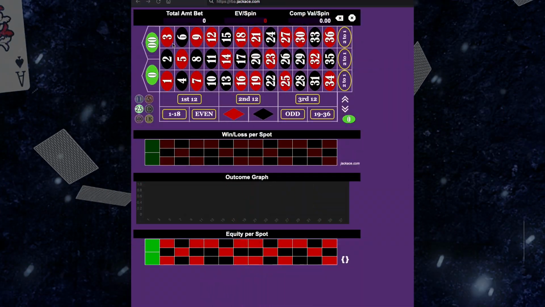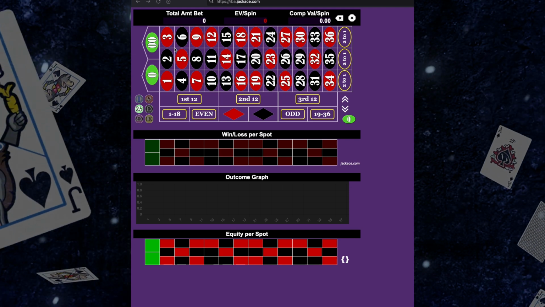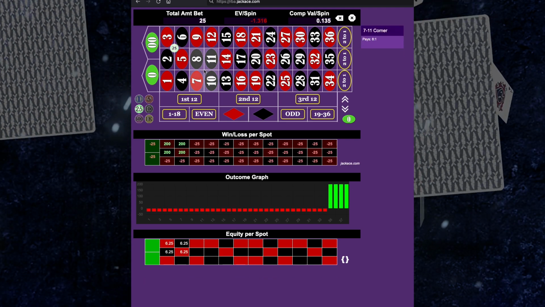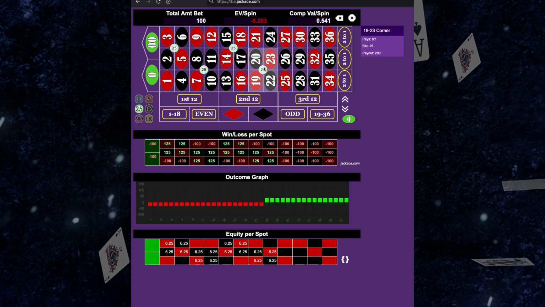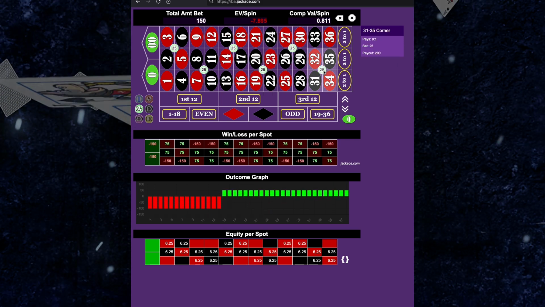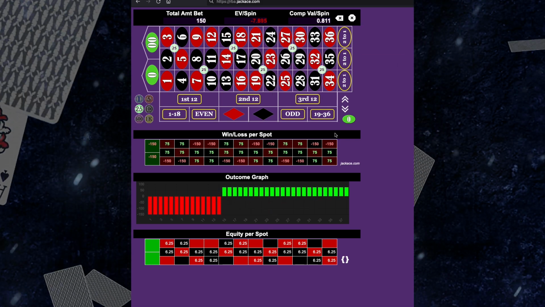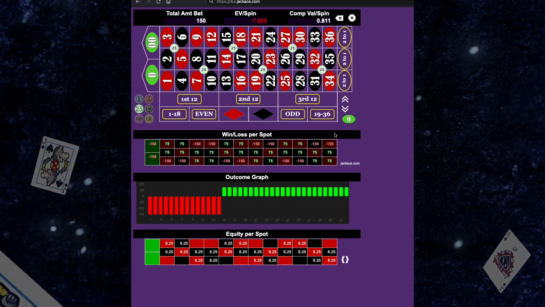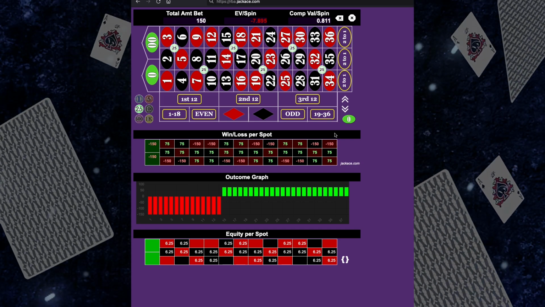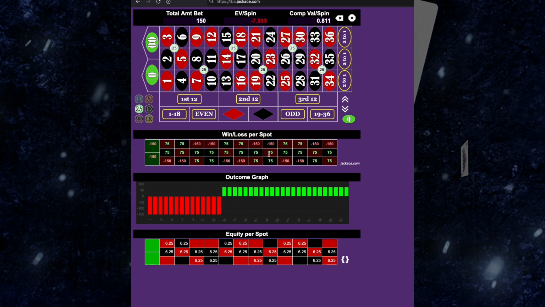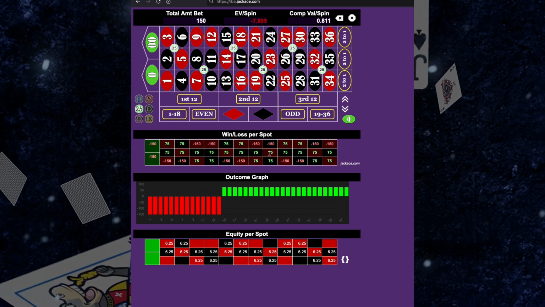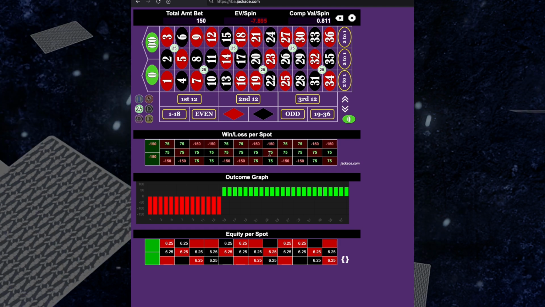So one system we can look at again is Rumple. I'm going to bet $25 on 6 different corners. That's a total of $150 being bet. That's 6 $25 units. And when you win, $75, which is 3 $25 units. So basically, you're winning half of your bet.